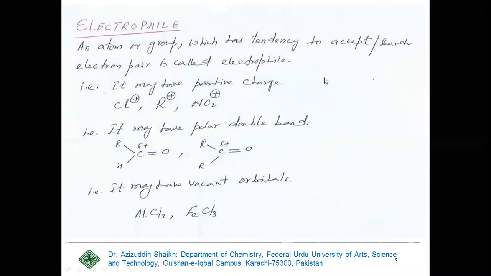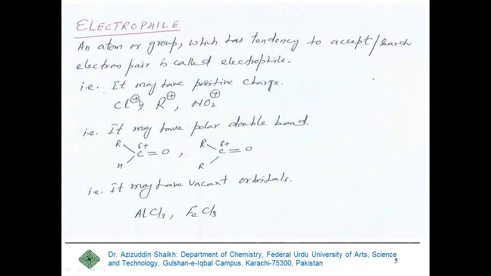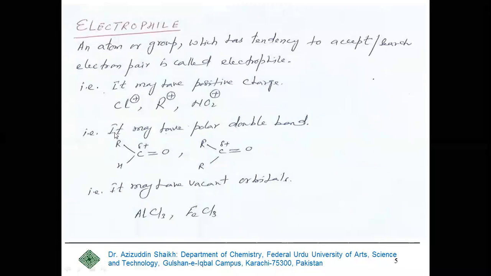It wants to take an electron pair. It may have a positive charge. The positive charge shows electron deficiency. Cl plus, R plus, NO2 plus, they are electrophiles.